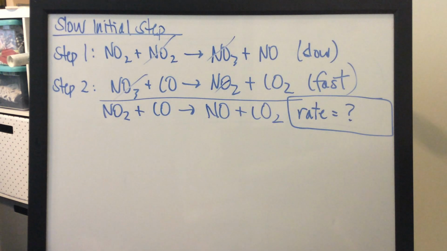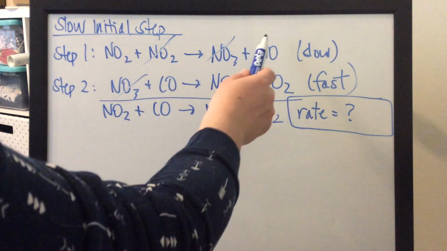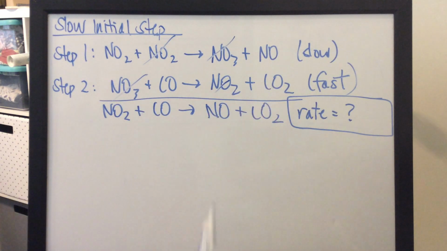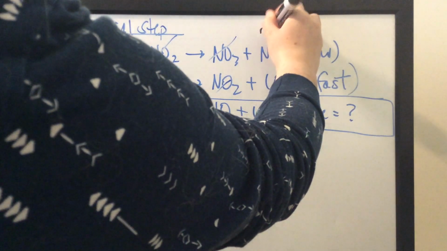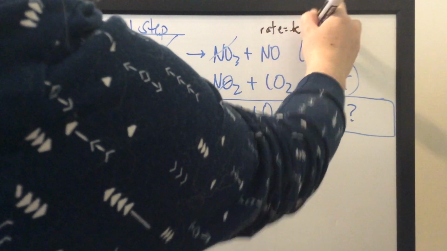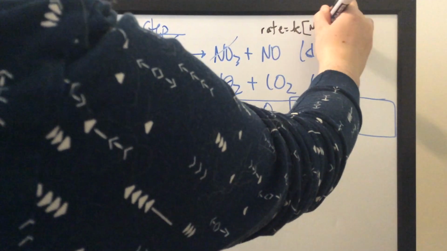Okay, now, we know that this first step is elementary and this second step is elementary, right? That's part of the rules with mechanism. So we can write a rate law for each of those steps if you want to. The rate law for the first step would be K times the concentration of NO2 squared.